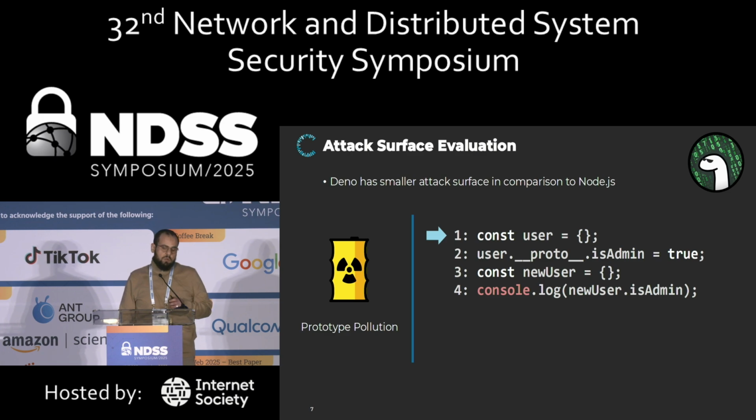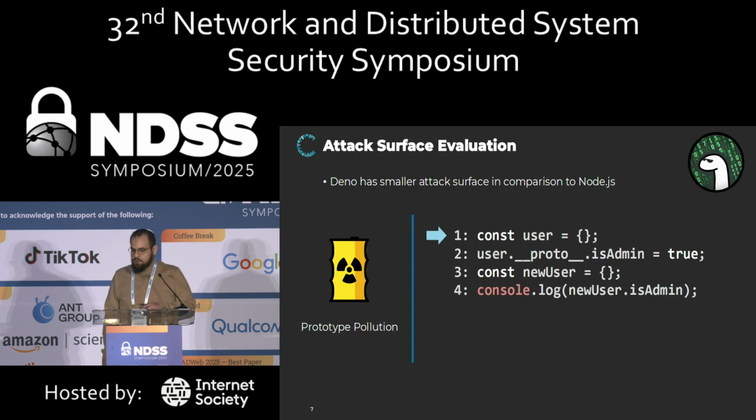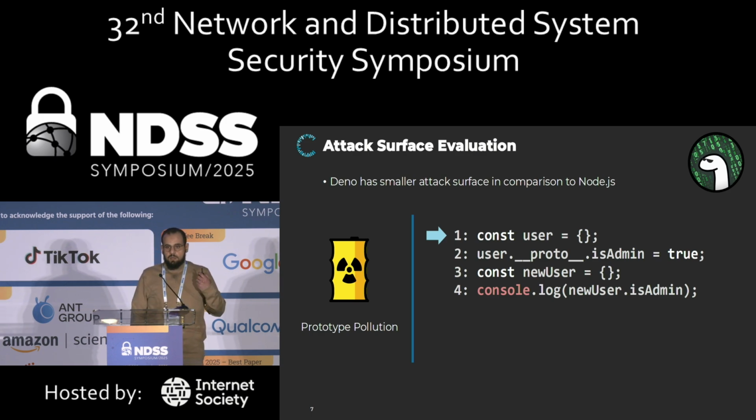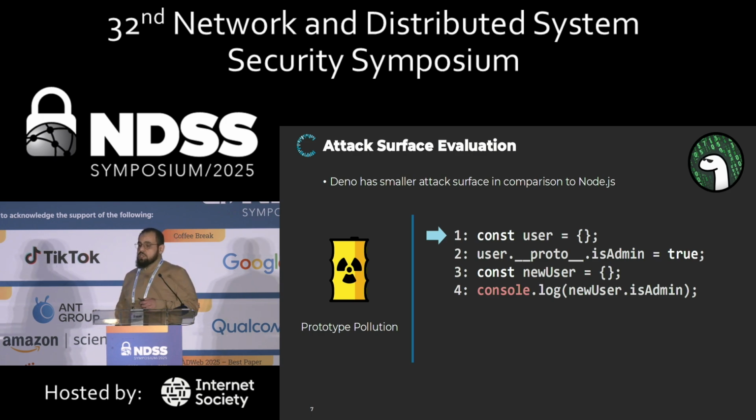First of all, I would like to invite and encourage you to read the paper for more details and more attacks. One of the attacks, the most popular attack for Node.js, is prototype pollution. Prototype pollution starts with trying to tamper with objects through a prototype chain into other objects. Let's discuss an example here.